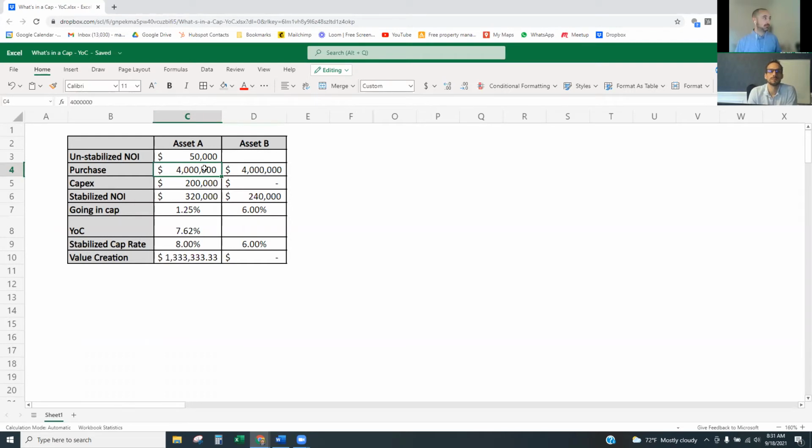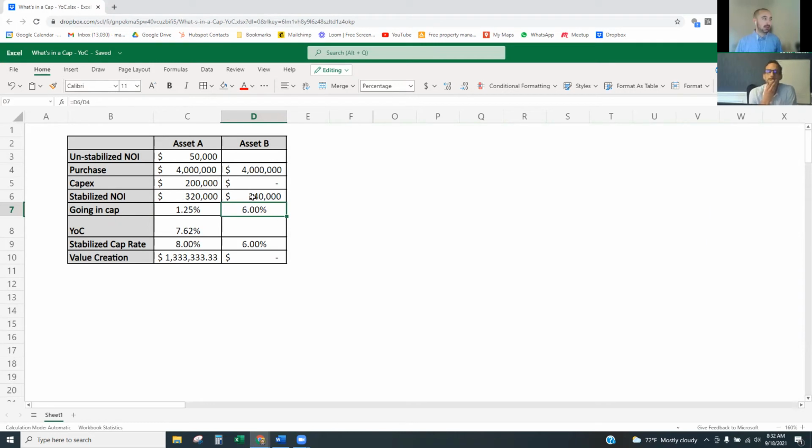Versus asset A, which you're paying the same purchase price, $4 million, but the NOI when you purchase the property, the unstabilized NOI, is only 50,000. However, you know that by putting in 200,000 in capex, you can get to a stabilized NOI of 320,000, so higher than the stabilized asset itself. So looking at this deal using just cap rate alone, you would say, okay, I can get 1.25% here versus 6% here.